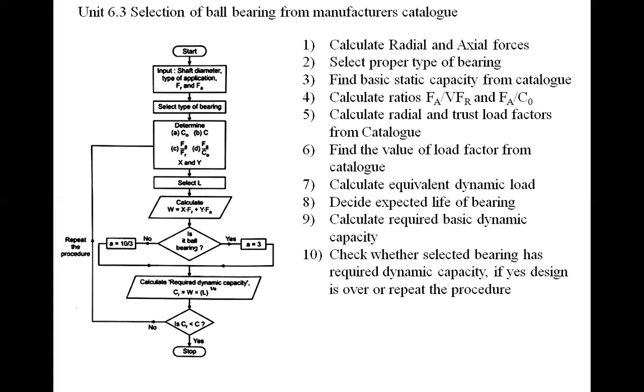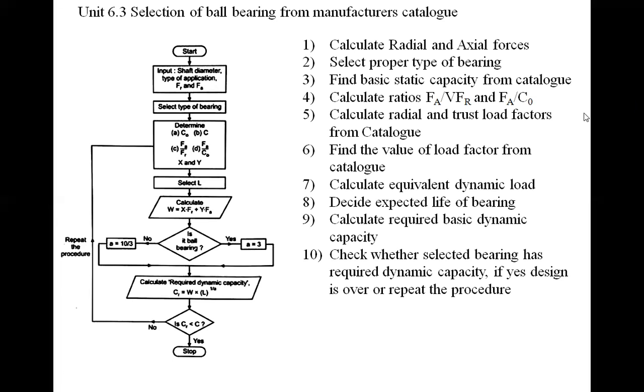If the required dynamic capacity is greater than the basic dynamic capacity, we have to repeat, take another type of bearing, and find again C0 and C from the catalog. So these are the very simple steps. From these simple steps, we can find a suitable bearing from the catalog.